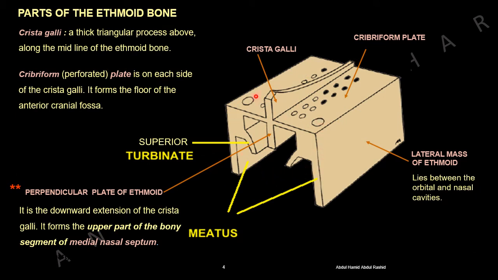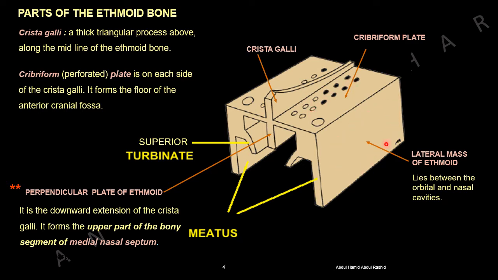This is the ethmoid bone, centrally located at the base of the skull. It is a very important bone. Let's talk about the parts of the ethmoid bone. This is the crista galli, a thick triangular process above along the midline of the ethmoid bone. On each side of the crista galli is a perforated plate called the cribriform plate. It forms the floor of the anterior cranial fossa.